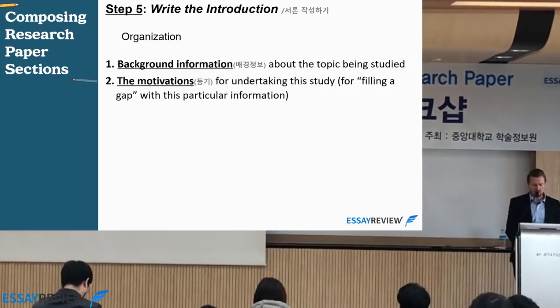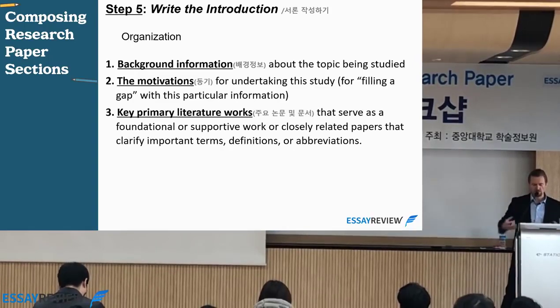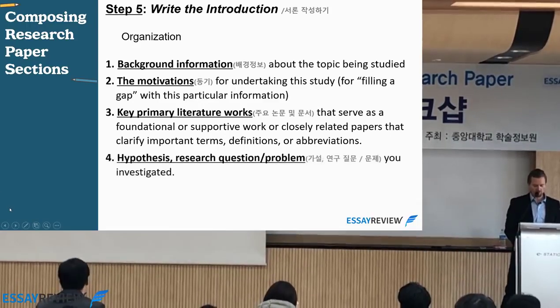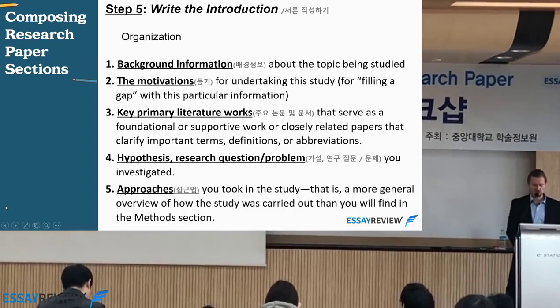What are the key primary literature that you can cite that supports your work? What's your hypothesis or your research question? And what approaches did you use, and why? Okay, this is your organization, and almost all introductions will be organized like this.